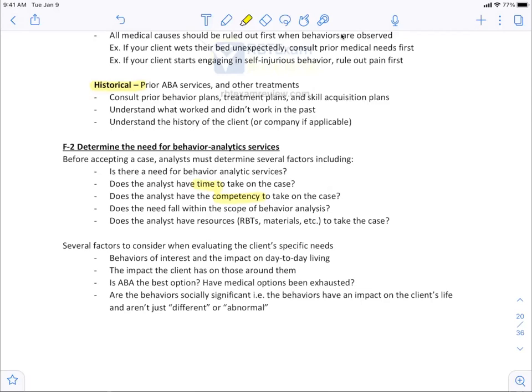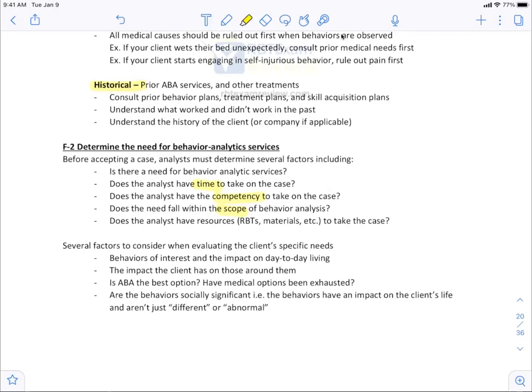That's similar to, does it fall within the scope of behavior analysts? So if we have a couple who comes to us and they tell us they need marriage counseling, can we provide marriage counseling in a behavior analytic frame without giving therapeutic advice? Because we still have to practice within inside our scope of behavior analysis, meaning environmental, operant behavior, and not mentalisms. So be sure that whoever comes to you is within your scope.